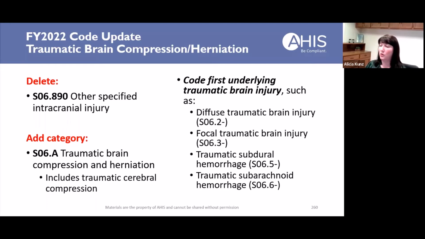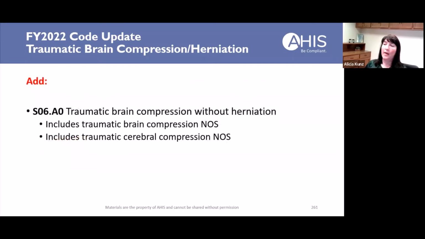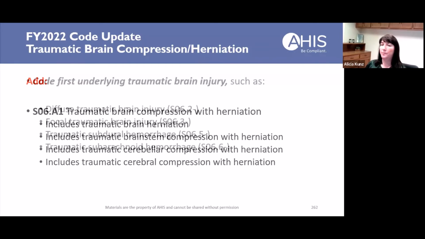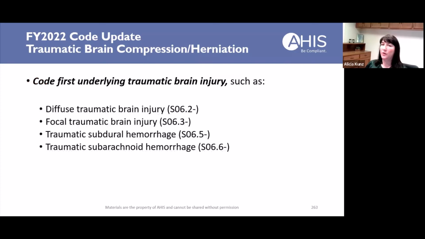And there's a whole list here of ones to choose from. And then they've added S06.A0, traumatic brain compression without herniation, and then traumatic brain compression with herniation. And again, with those, you want to code first your underlying traumatic brain injury.